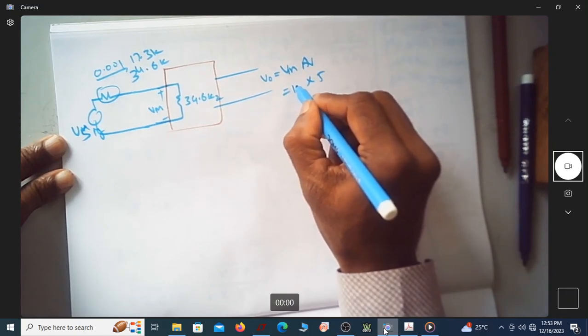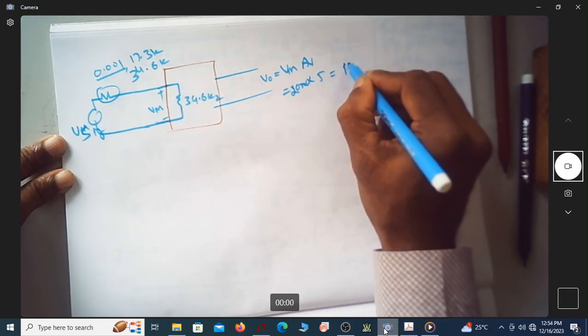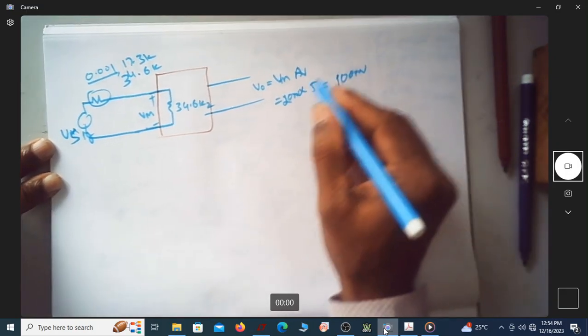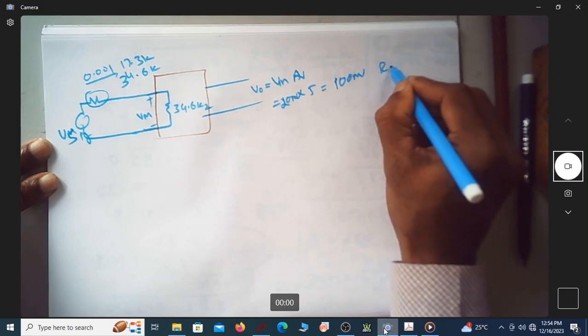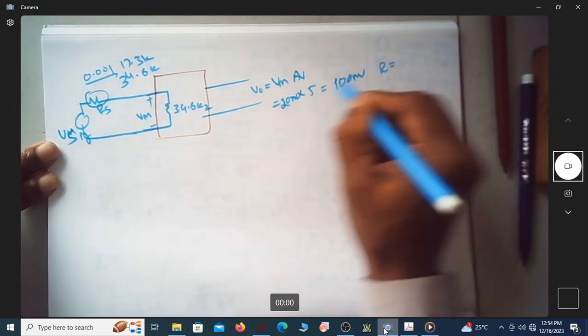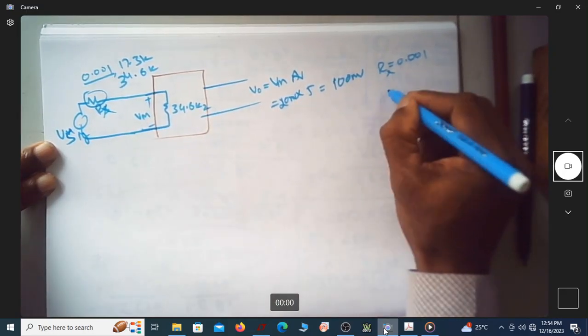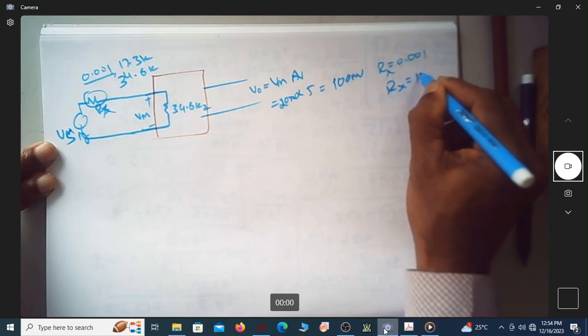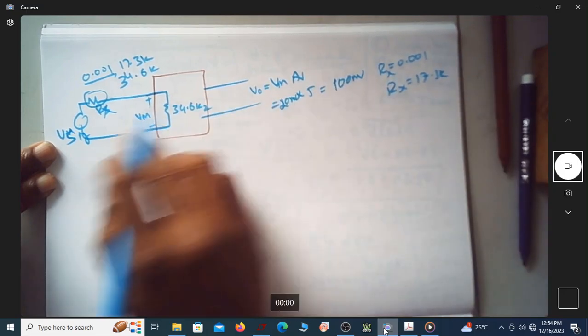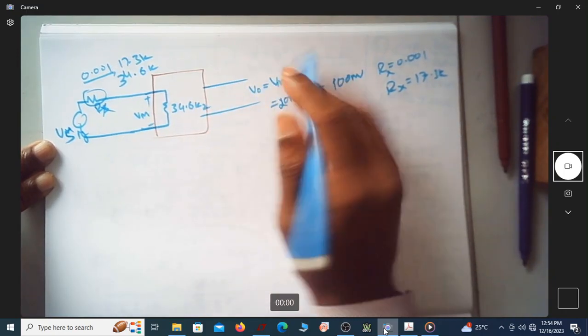Assume that it is 20 millivolt peak to peak. So you will get 100 millivolt when the resistance, let me call it R signal, some Rx, is equal to 0.001. Suppose Rx is equal to 17.3 kilo ohm, then you will have some input voltage drop, and the output voltage will also be less.